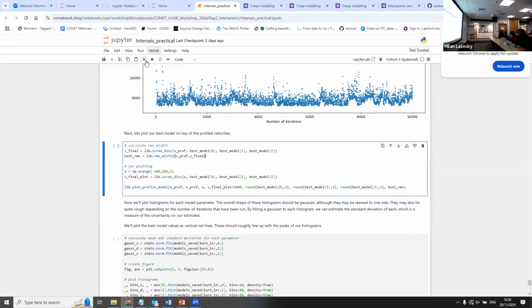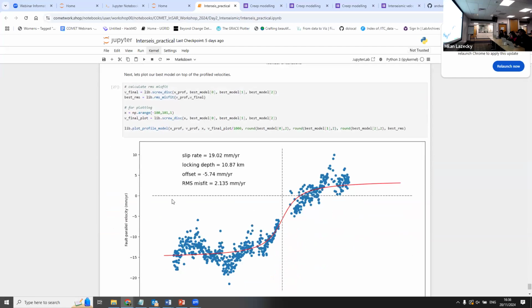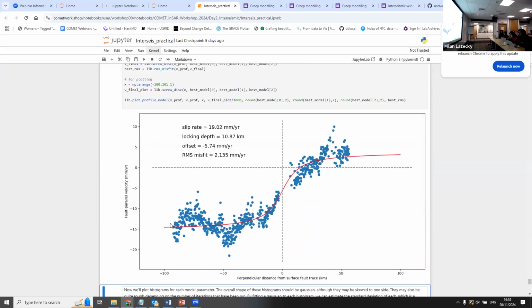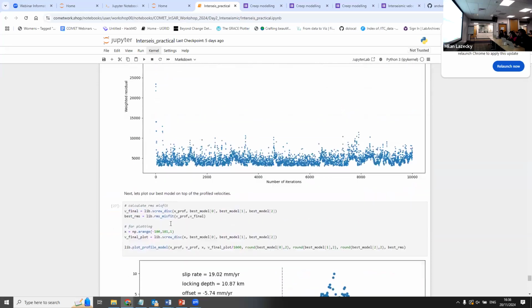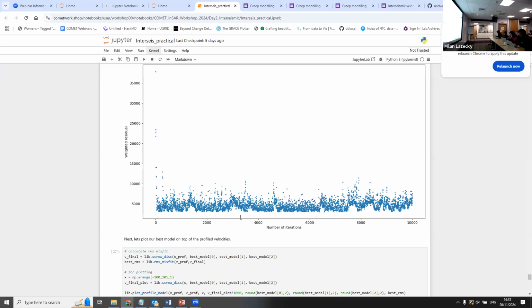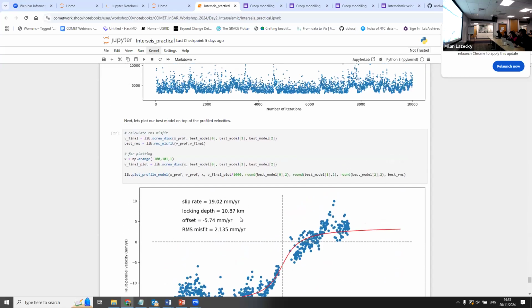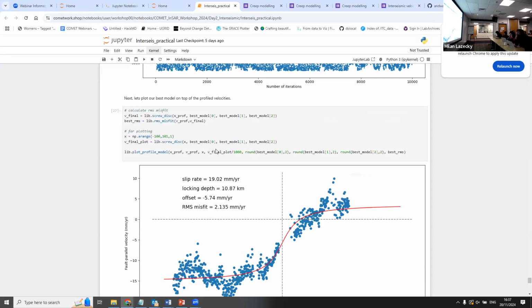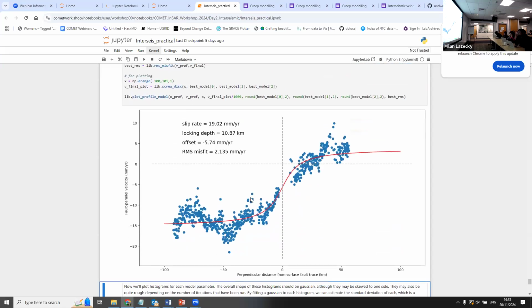Okay, we can also plot our best fit model on top of the profile velocities. As we calculate the weighted residual for each iteration, we can get the best fit parameters for this profile.